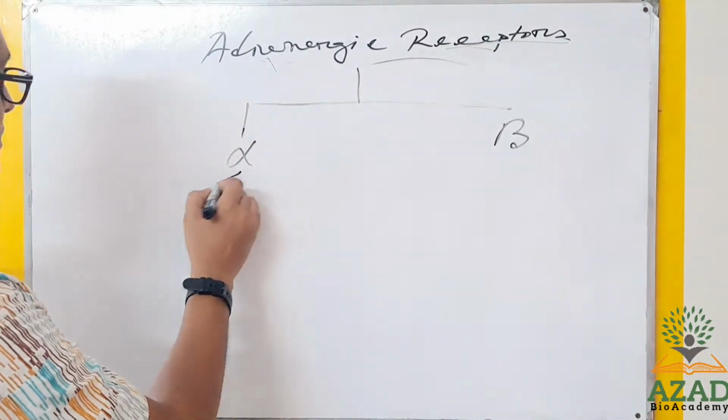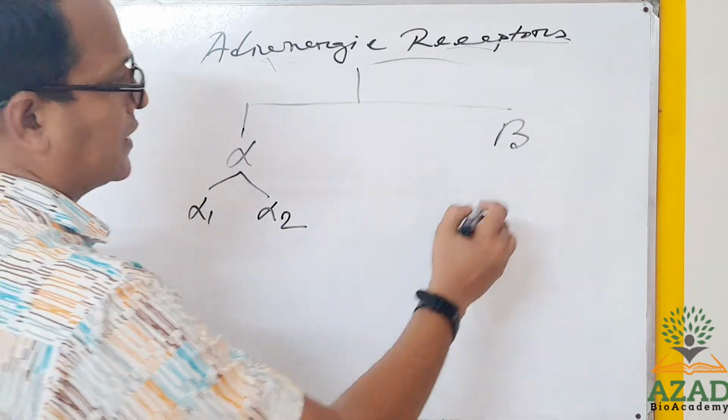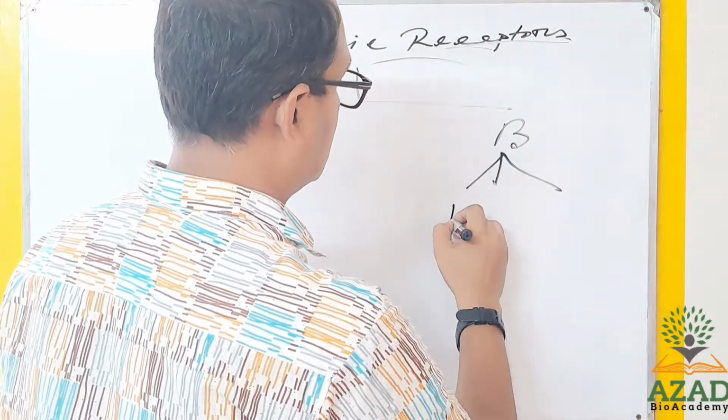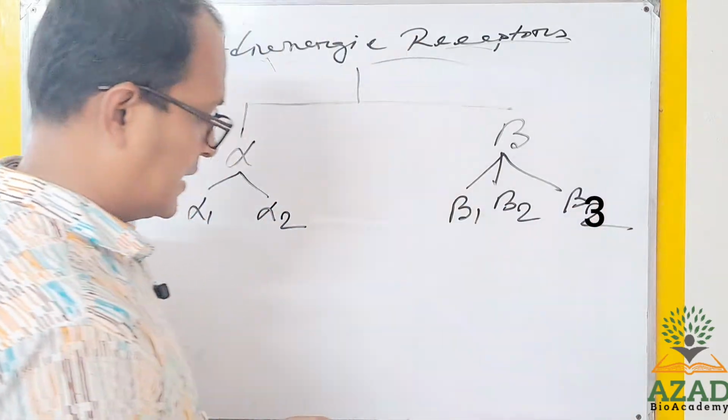It also has subdivisions: alpha 1 and alpha 2, and three subdivisions of beta: beta 1, beta 2, and beta 3.